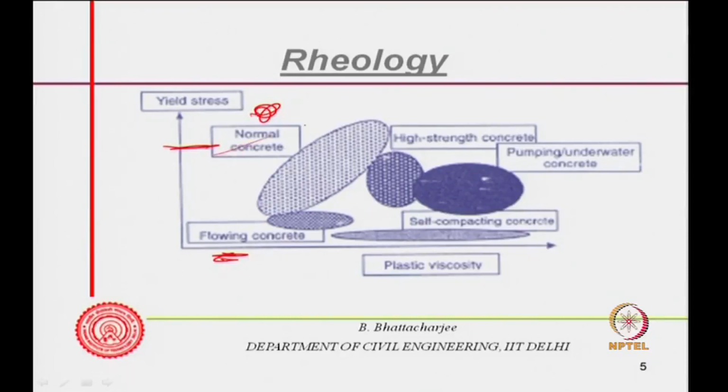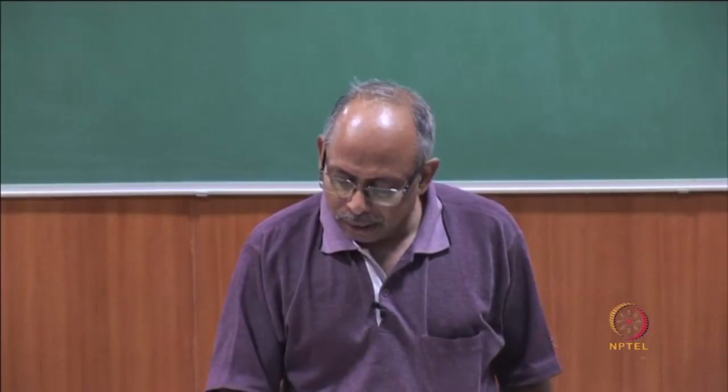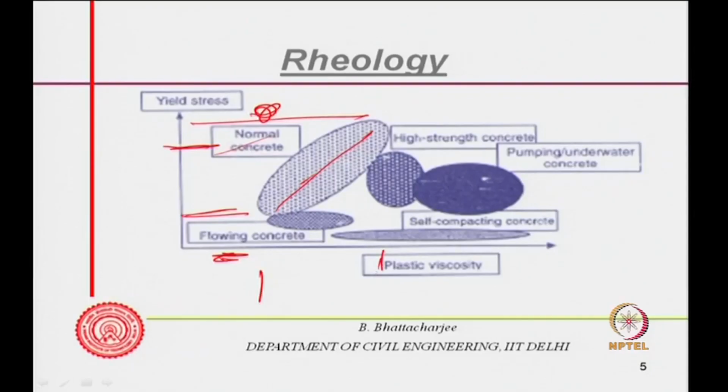High strength concrete has more paste, remember, and therefore the yield shear stress might be somewhere in this range, depending upon their flow properties, and viscosity ranges from this to this. Pumping concrete should have low viscosity, low yield shear stress, and viscosity should be somewhere there.